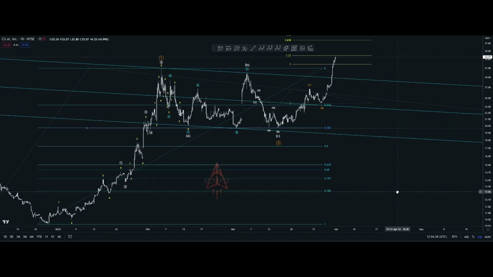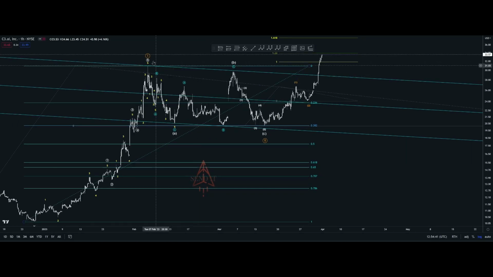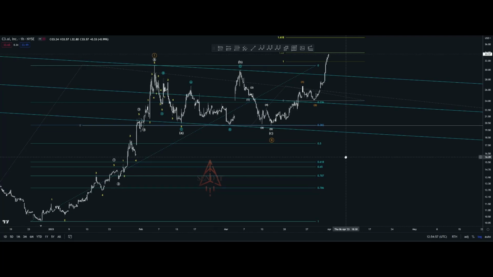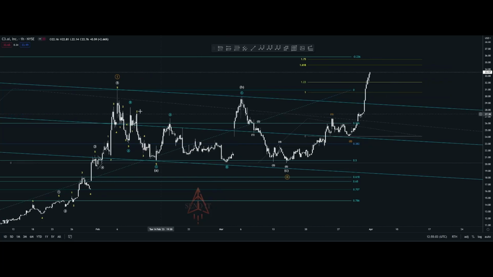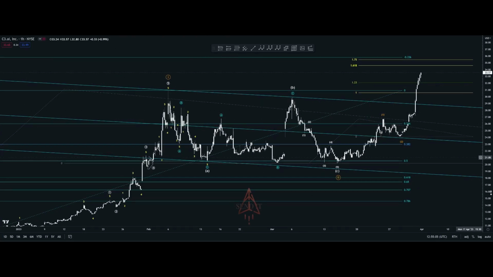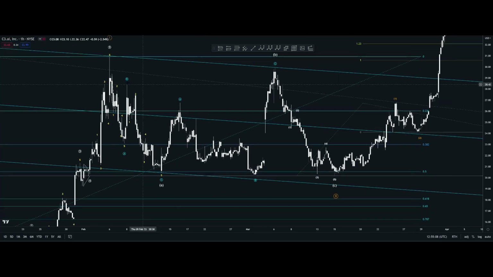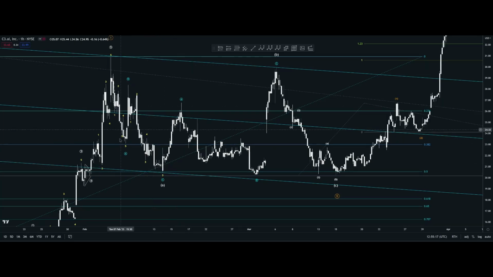So after having an obvious impulse to end our wave 1, we had something that looks like a sideways correction. According to Elliott Wave International, this is not a valid way of counting this correction. Why? Because if you count it as an A, B, C, as you can see here, there's a clean 1, 2, 3, 4, 5, A, B, 1, 2, 3, 4, 5, and even here you can find 1, 2, 3, 4, and 5 to have your zigzag.